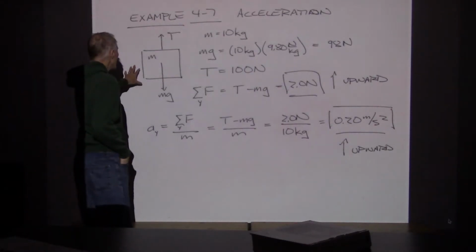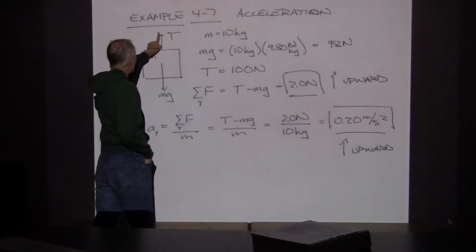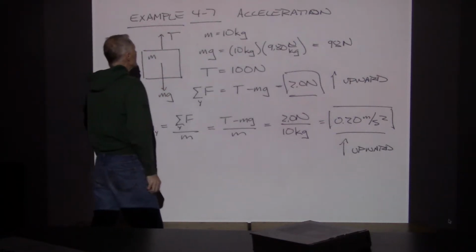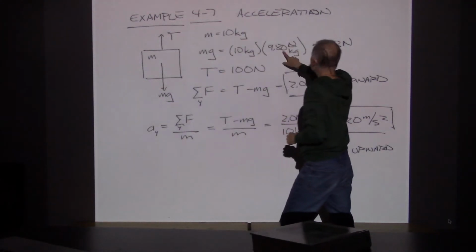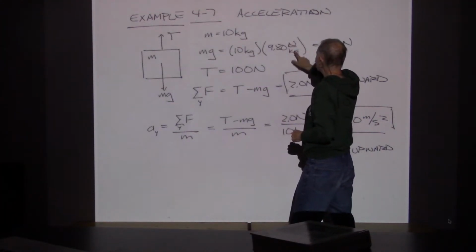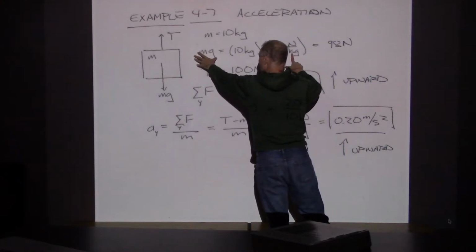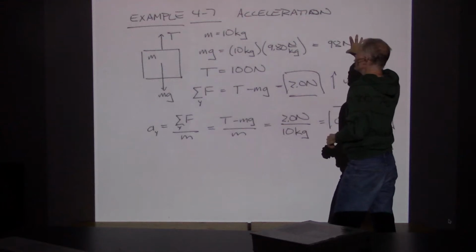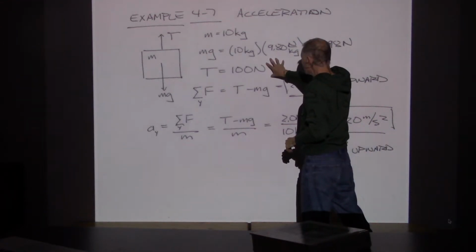Our force diagram now continues to have gravity and tension, but the normal force is gone. Remember, the mass was 10 kilograms, gravitational field 9.80 newtons per kilogram. Kilograms cancel. mg, the gravitational force, is 98 newtons. The tension we're pulling with is 100.